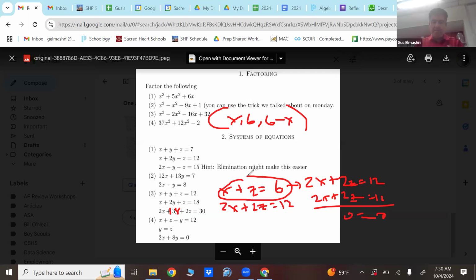Give it a try. First, y equals z. So the top equation is just z minus z. So then you just get x equals 12. And so then I plugged in 12 for 2x. So then I got 24.